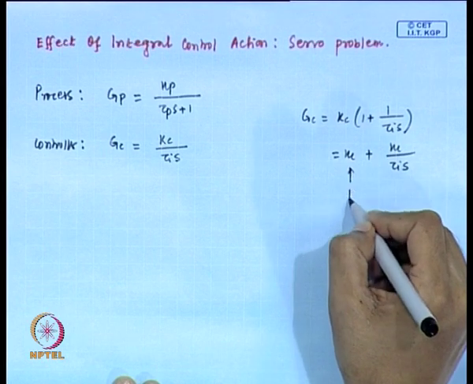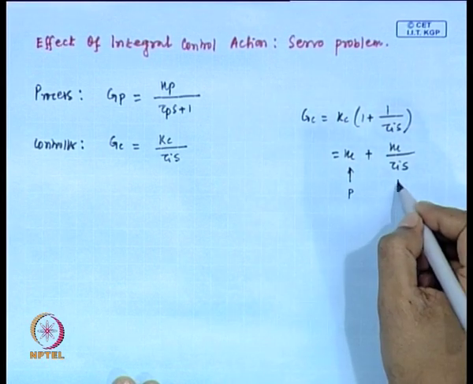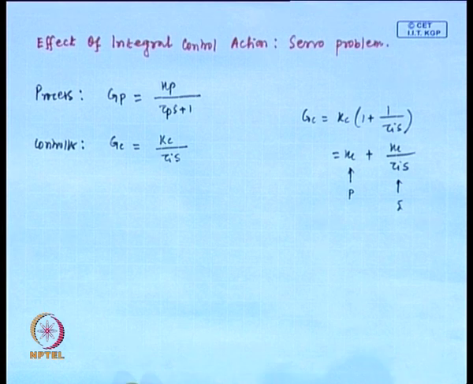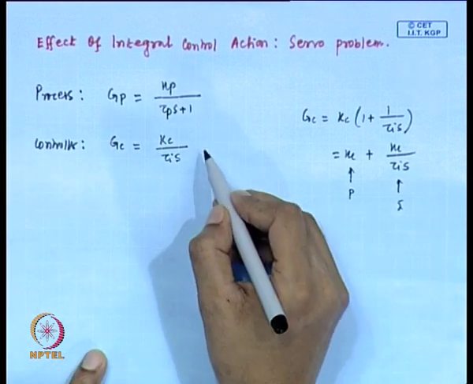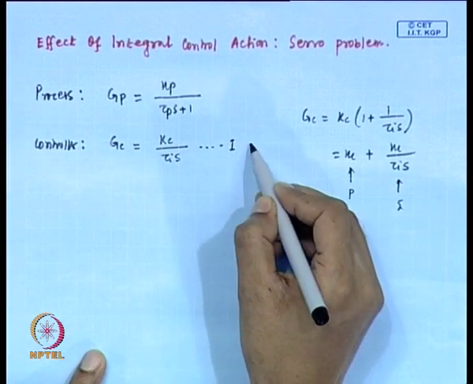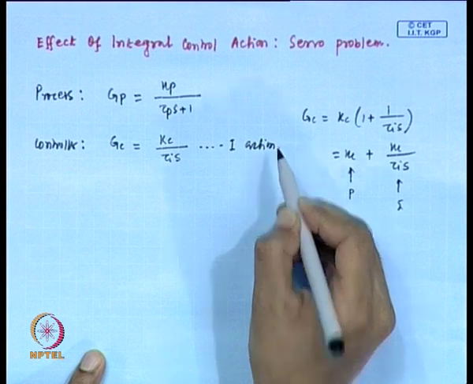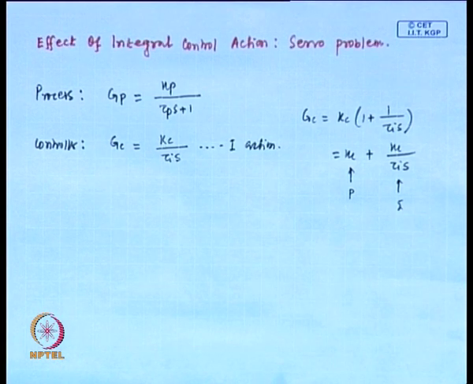This is the P part and this is the I part. If we consider only the integral controller, then Gc equals Kc divided by tau I s.